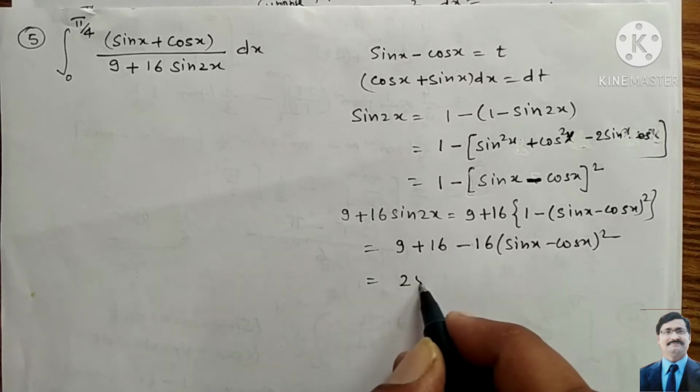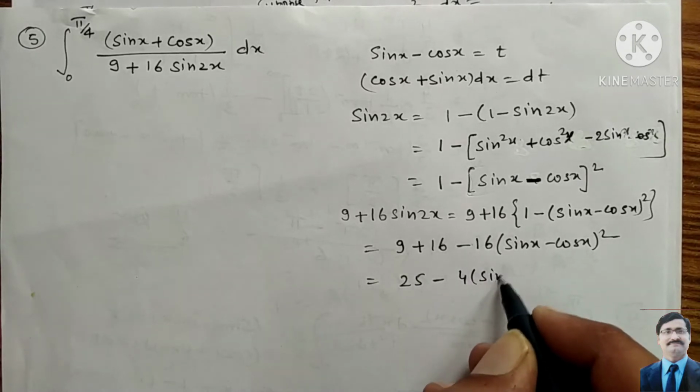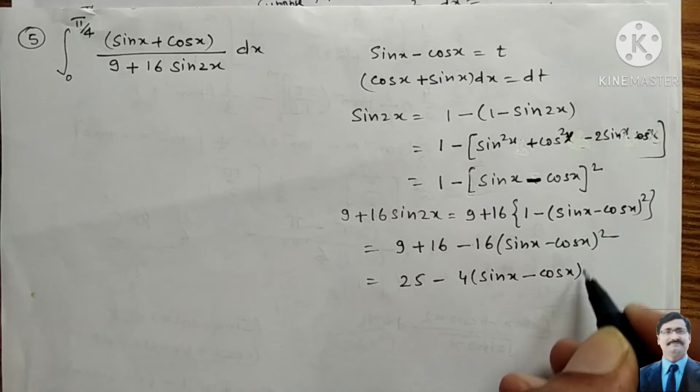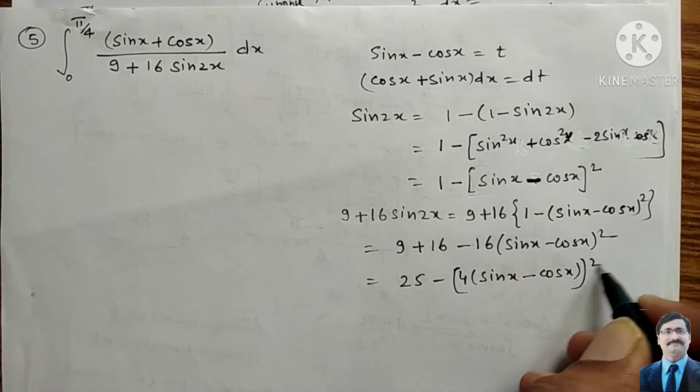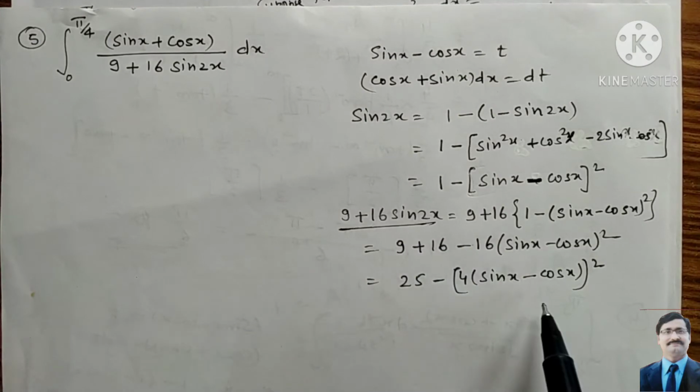This we can write as 25 − 16 (sin x − cos x)². Okay, in place of 9 + 16 we can write this here.